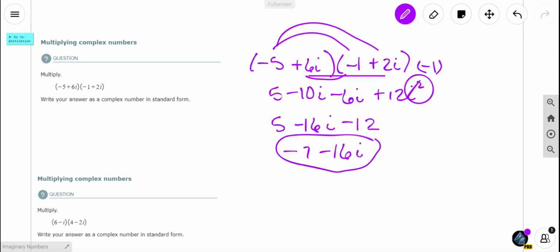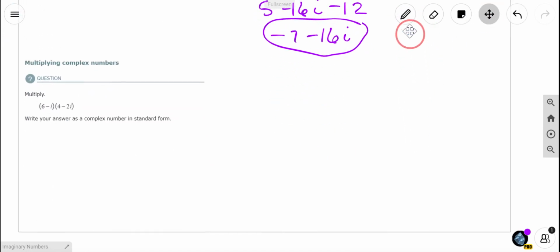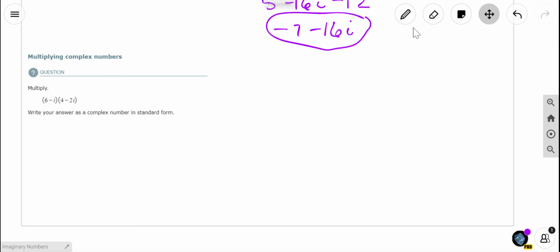Okay, last one. If you need one more example, I did 3 just in case. Okay, let's go ahead and do this. You get 6 times 4 is 24. 6 times negative 2 is negative 12i. 4 times negative 1 is negative 4i.